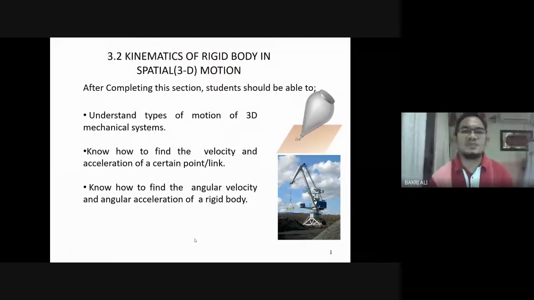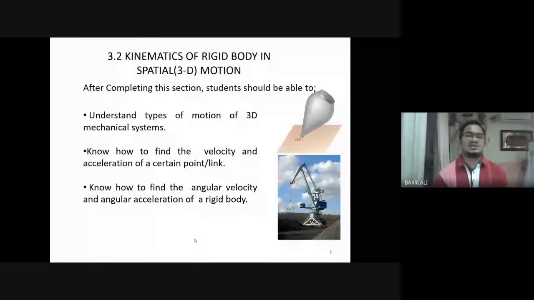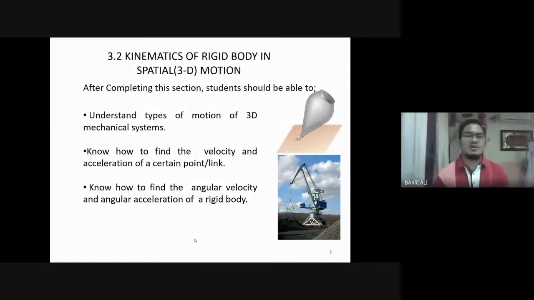So the lesson objective: after completing this topic, you should understand the types of motion of a 3D mechanical system, know how to find the velocity and acceleration of a certain point or link, and also know how to find the angular velocity and angular acceleration of a rigid body.